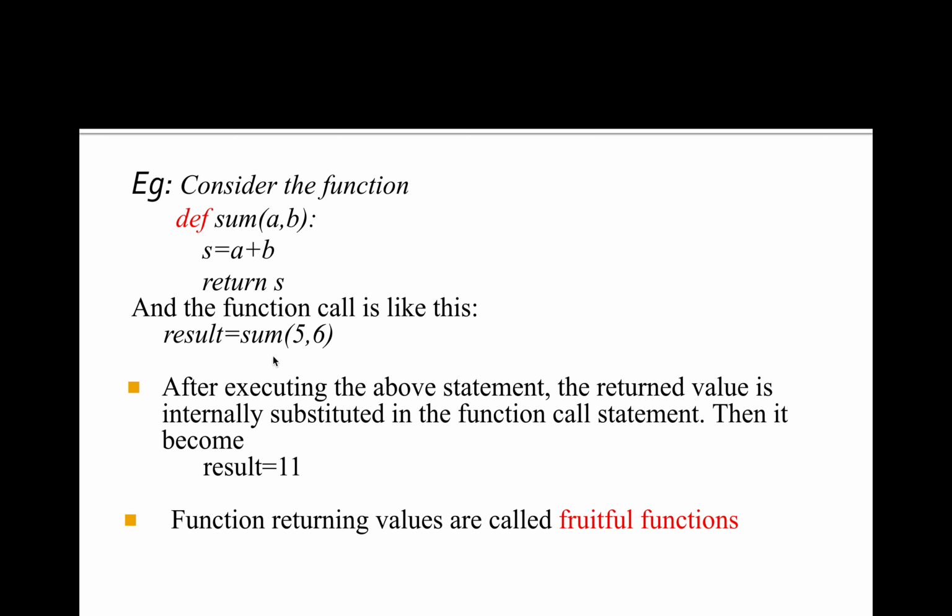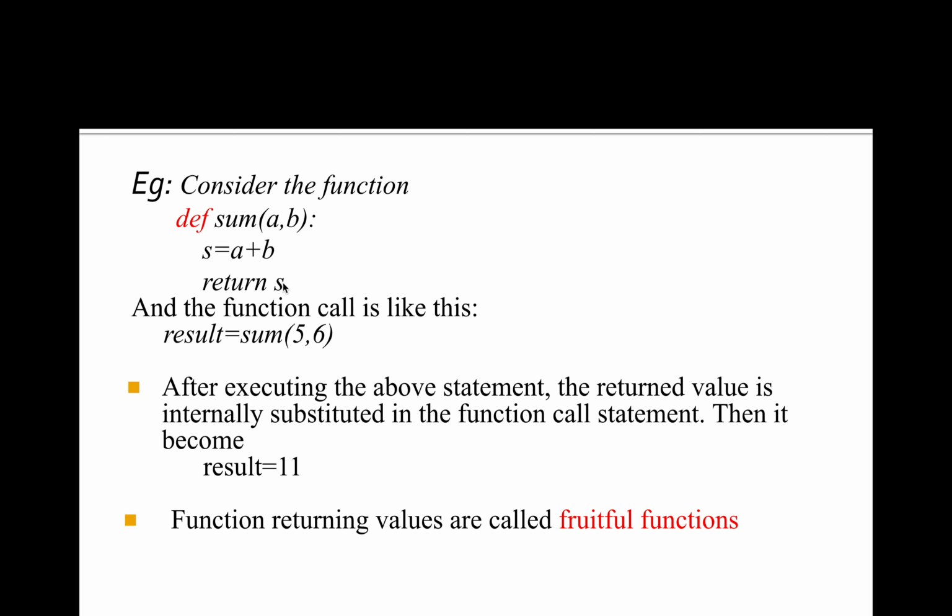Then we call the function: result = sum(5, 6). What will happen? 5 is passed to a and 6 is passed to b. It calculates s = a + b, so s = 11. Return s.